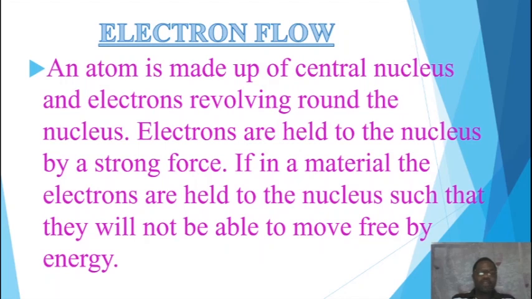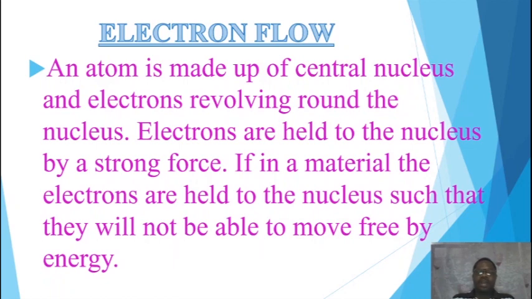Now we say the electrons are held to the nucleus by a strong force. A strong force is holding the nucleus and the electrons apart because they always tend to attract each other, but this force will try to hold each of them apart.